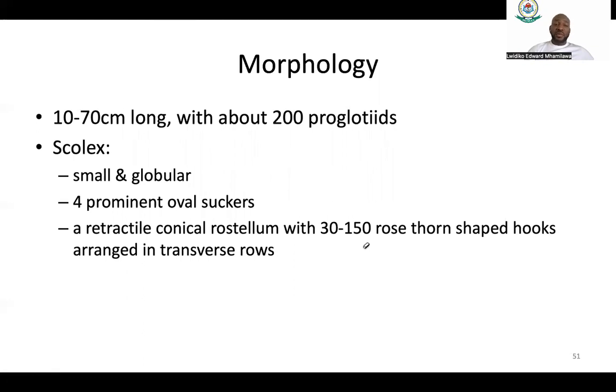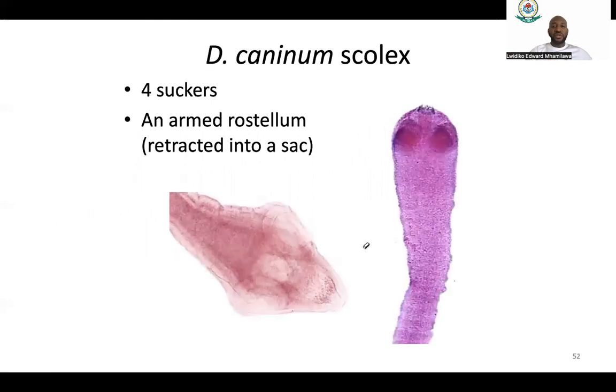If you want to look at the morphology, these are quite long, 10 to 70 centimeters, with about 200 proglottids. The scolex is small, globular, with prominent oval suckers. And just like in Hymenolepis nana, these also have a retractile rostellum with hooks. You can see them here.